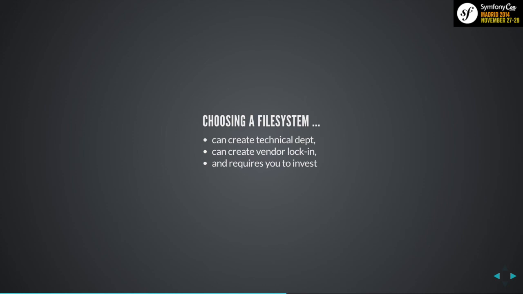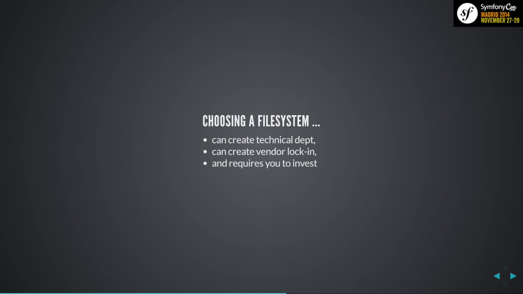So that's a lot of technical debt. And you don't want to create vendor lock-in for your application, because later on, if Rackspace turns out to be not ideal and you want to switch to AWS, you don't want to have to spend hundreds of hours to rewrite all the things that talk to the file system. Sometimes that can be a blocking thing, and it will limit your choice in what file system you use.